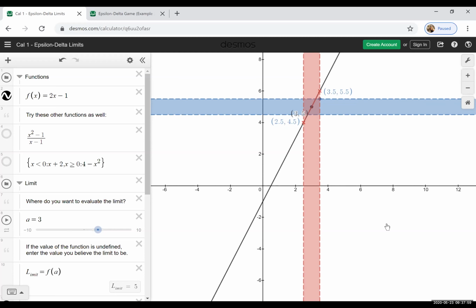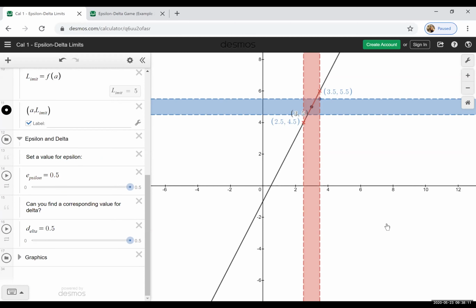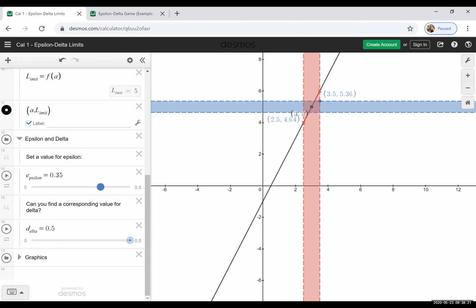There we go. So we could see these bounds within the function. Now, if you're interested, I know there's a lot of complication here. You could actually set the value for epsilon. So we had epsilon equal to 0.1. You can slide it to see the relationship, if this helps you.